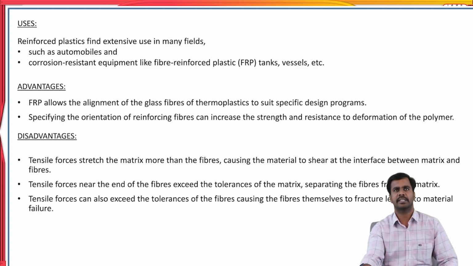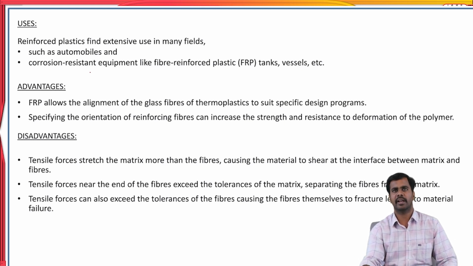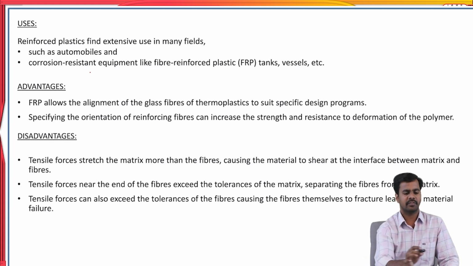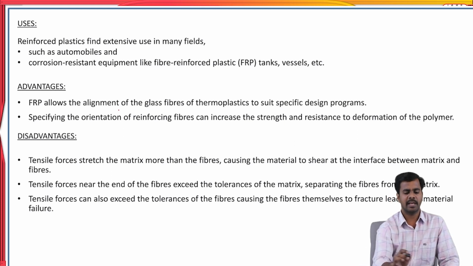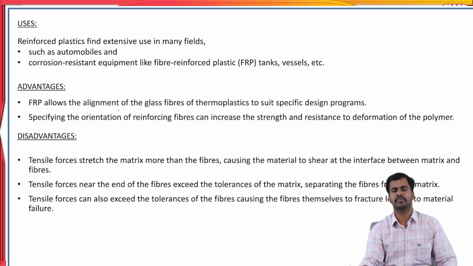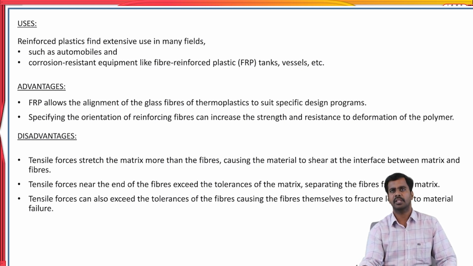Some reinforced plastics find extensive use in many fields such as automobiles and corrosion resistant equipment like fiber reinforced plastic tanks, vessels, etc. And advantages: FRP allows arrangement of the glass fibers of thermoplastics to suit specific design programs.